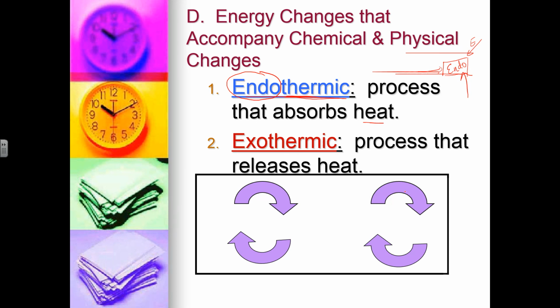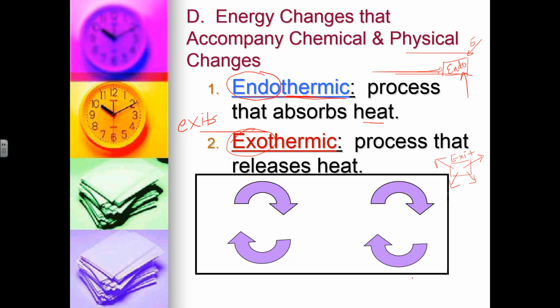And then we have exothermic processes. Here you see the prefix exo, which means it exits. So in an exothermic process, energy is released out of the system.